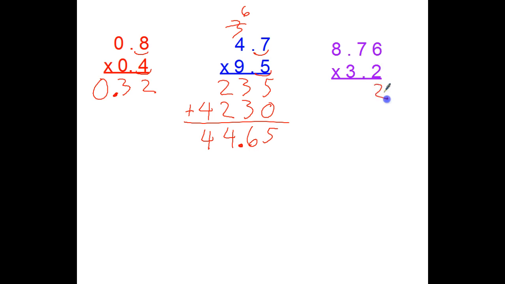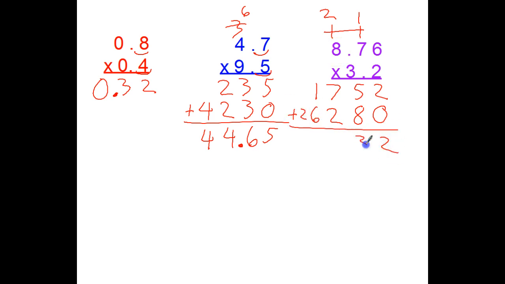2 times 6 is 12. Carry my 1. 2 times 7, 14 plus 1, 15. 2 times 8, 16 plus 1, 17. Marco Polo. 3 times 6, 18. 3 times 7, 21 plus 1 more, 22. 3 times 8, 24 plus 2, 26. Add them up.